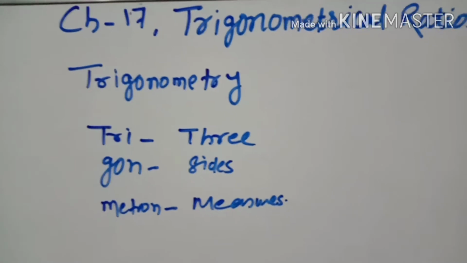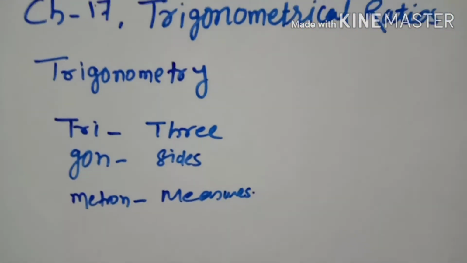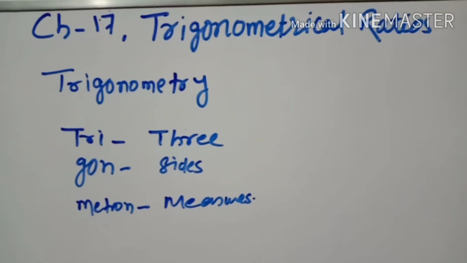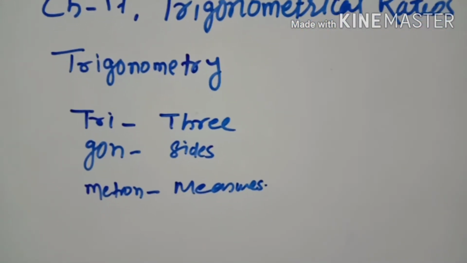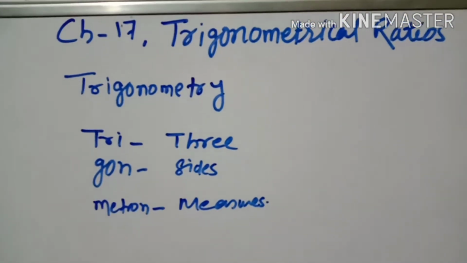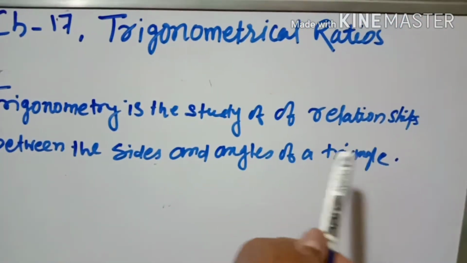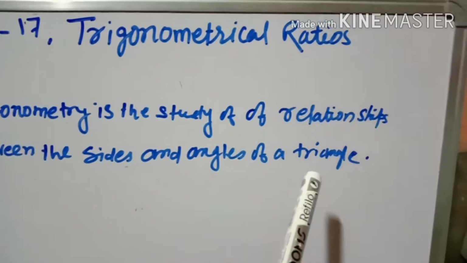Now also scientists mostly use trigonometry to find the distance from earth to stars and planets. Write down. Therefore, trigonometry is the study of relationship between the sides and angle of a triangle.